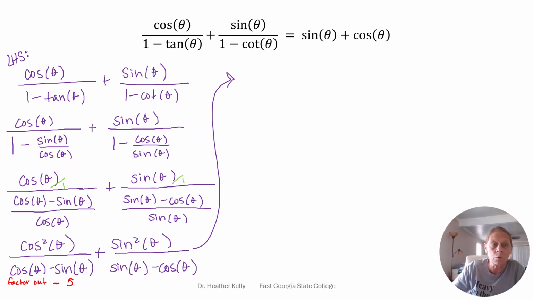So I'm going to wind up with negative cosine squared theta over, and then these guys are going to become sine theta minus cosine theta, because we just flipped them around when we took a negative out, plus our sine squared theta over sine theta minus cosine theta.